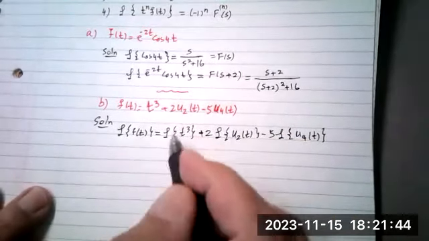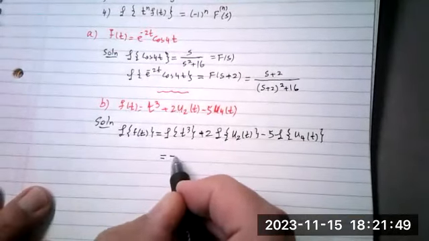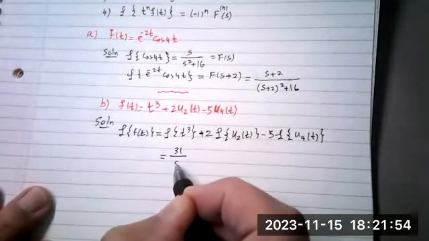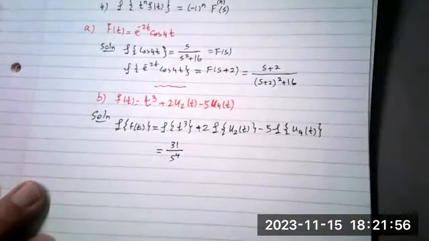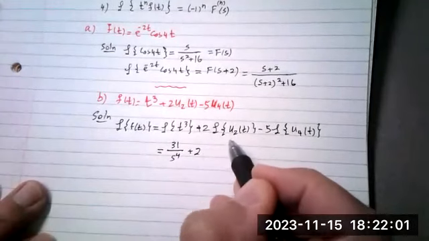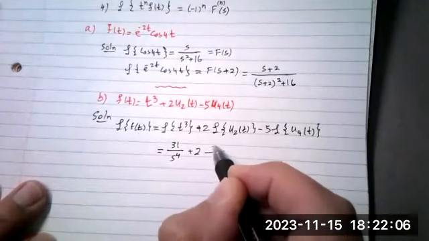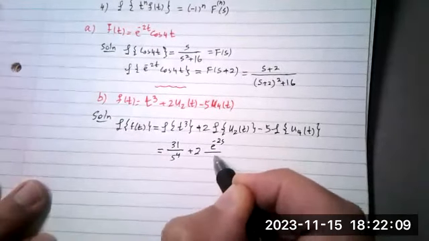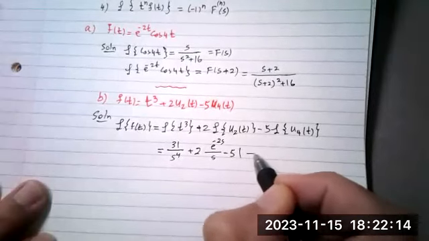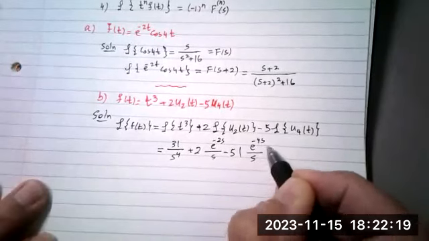Okay, so let's go for it. What's the Laplace of t cubed? It's going to be 3 factorial, which is 6 over s to the 4. Remember, n factorial over s to the n plus 1. Plus 2, you have u2, so that gives you e to the negative 2s over s, and minus 5, and we have u4, which would be e to the negative 4s over s.